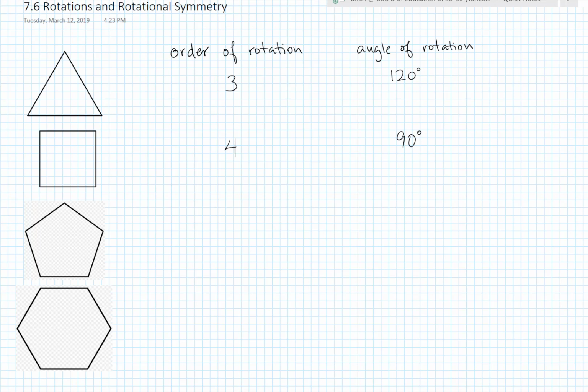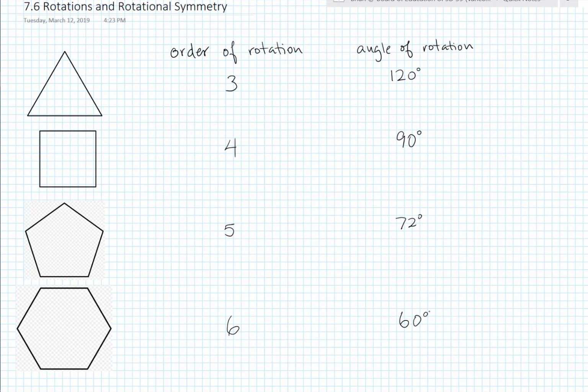Now, a pentagon, you would have to rotate a little bit less than 90 degrees, and you can do it 5 times, and the angle turns out to be 72 degrees. And a hexagon, you can rotate it 6 times. And again, you can just imagine sort of rolling it onto each side as you move around the hexagon. And the rotational angle would be 60 degrees.